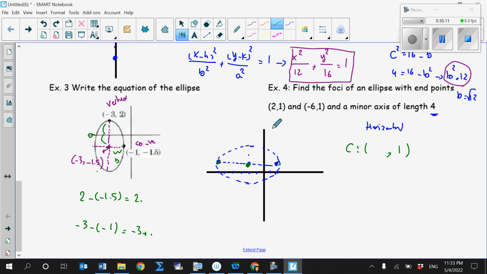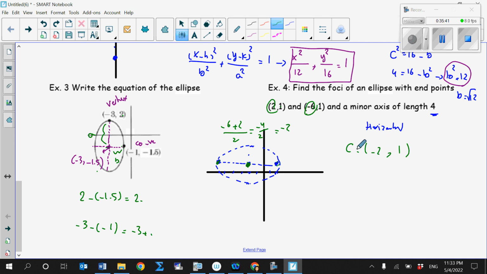To find the midpoint, you just need to take the x of the start and the end, -6 and 2, divided by 2. That's -4 divided by 2, it's -2. So it's at -2. You could also find that by just looking at the graph, because we have moved 4 left here to find this point. So this is the center.